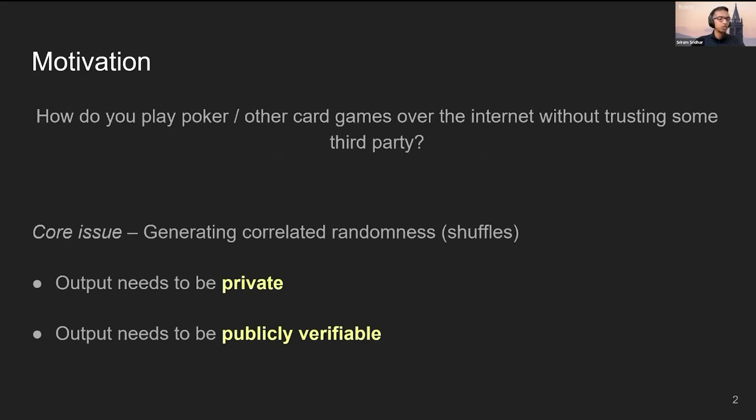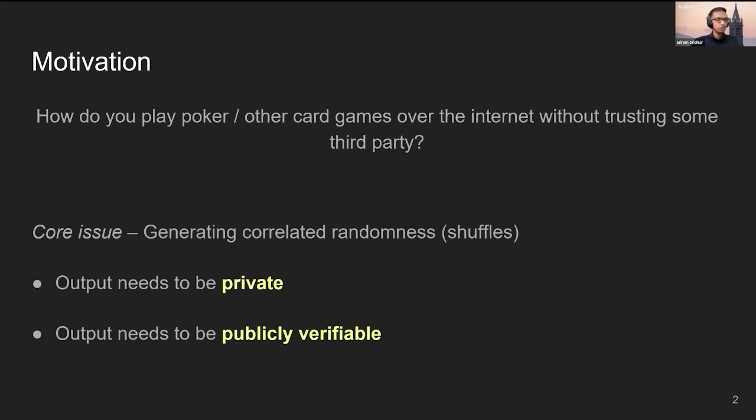The reason you don't want to trust a third party is because, like in a bunch of other talks that we've seen, generating randomness is very important, and we need to make sure that the output is actually random. In addition, for card games we have certain other conditions: the output must be private, in the sense that you don't want the other parties to know what cards you have.